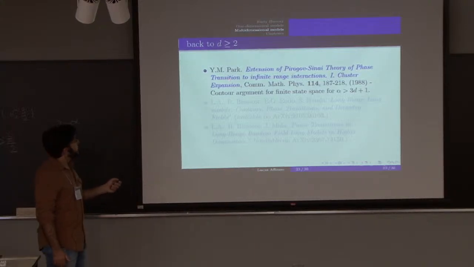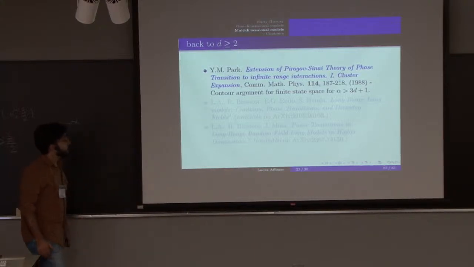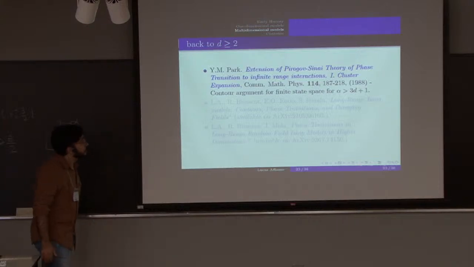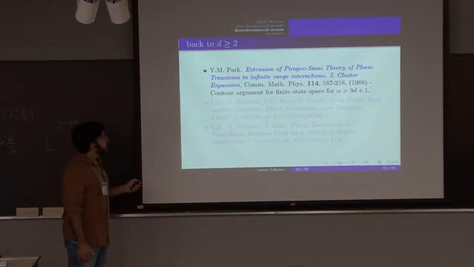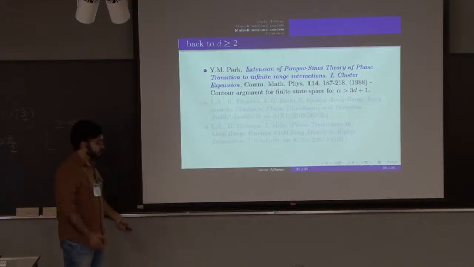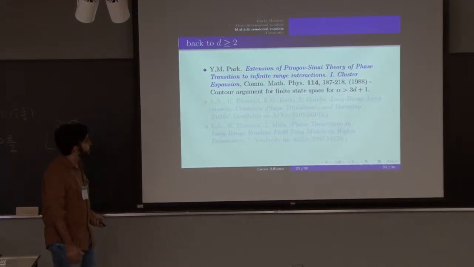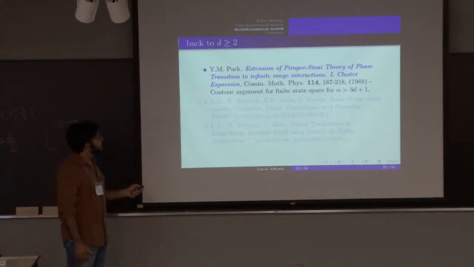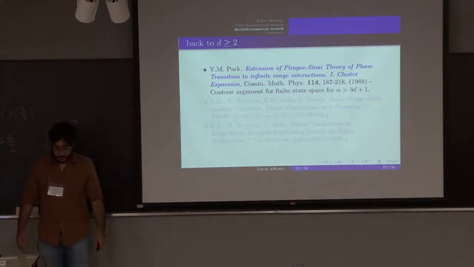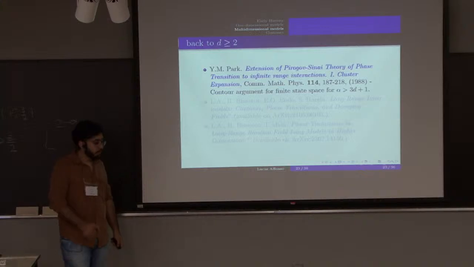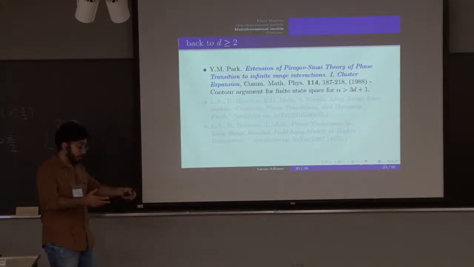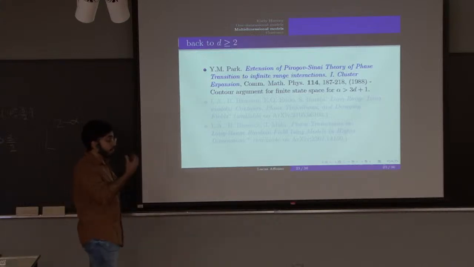We started first by looking at this paper of Park, where he tried to extend the Pirogov-Sinai theory. And he has the same problem. He has some problems related to the previous approach, because here he is insisting on the contours. They are not the Peierls contours, but the Pirogov-Sinai contours that were devised to work for finite-range interactions.